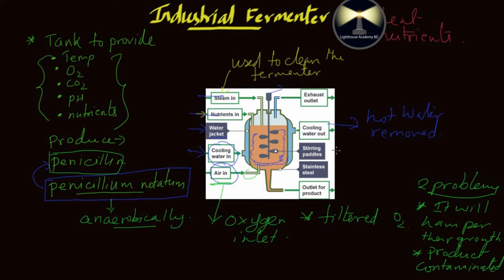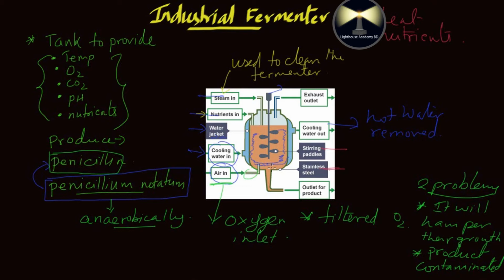Alright? Now what is the use of this stainless steel? You have to understand, these Penicillium notatum or any other bacteria, after they respire, as you know, respiration comes with some waste. When their cells respire, they produce a hell lot of waste.